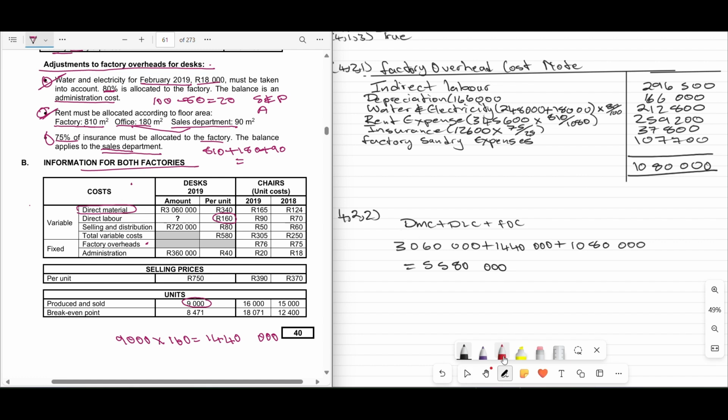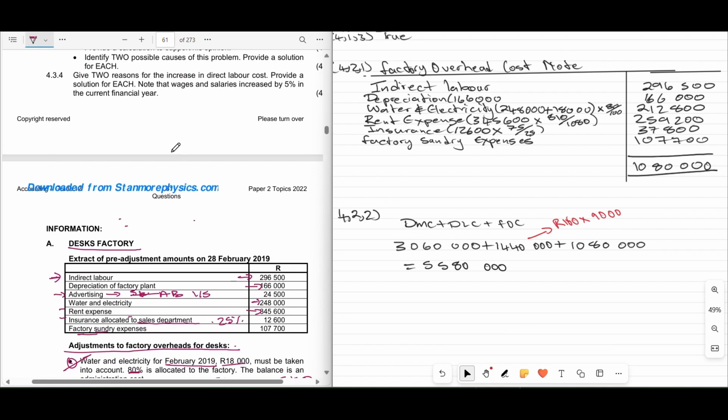This one came from 160 multiplied by 9,000 units sold and produced. So we go to another question. What are they saying there?